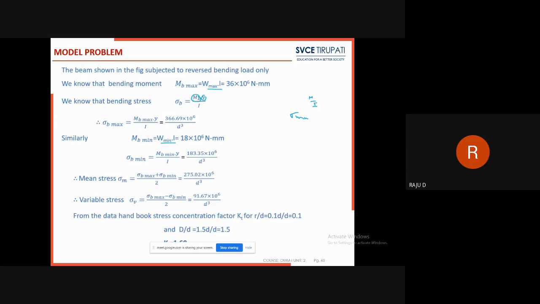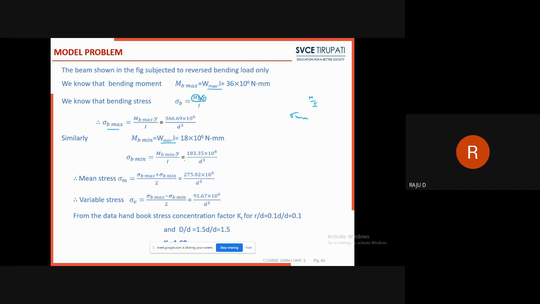I is equal to B D cubed by 12, because it is a cantilever beam of rectangular section. Substituting these values, you get the sigma B maximum value. Next, for the minimum load value, it is the same: minimum bending moment into Y by I.